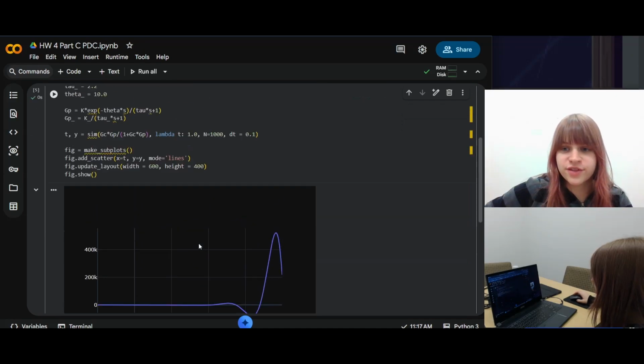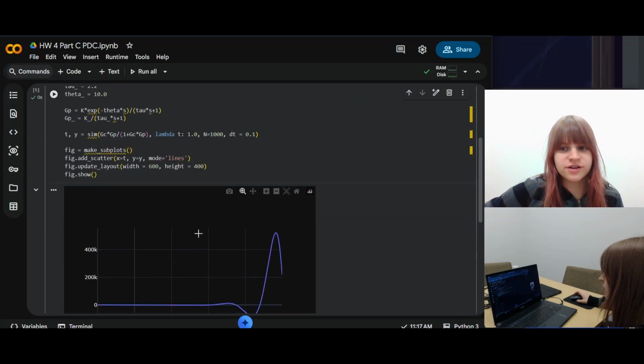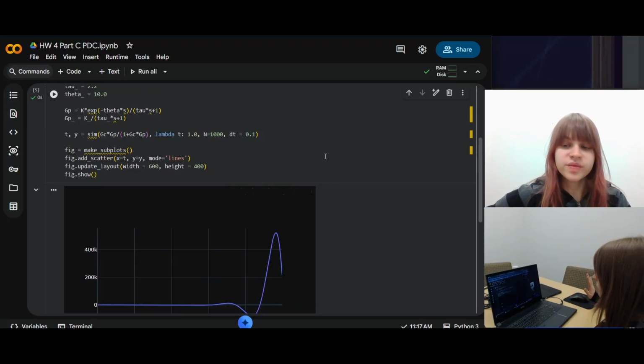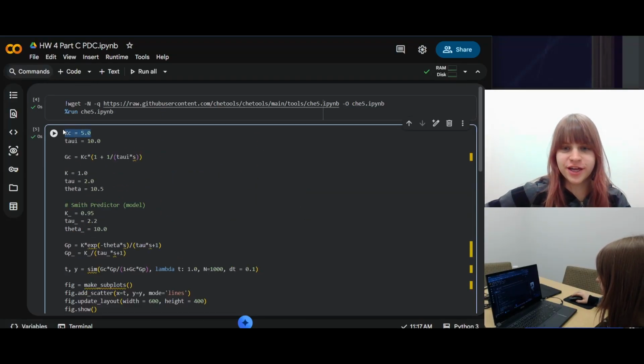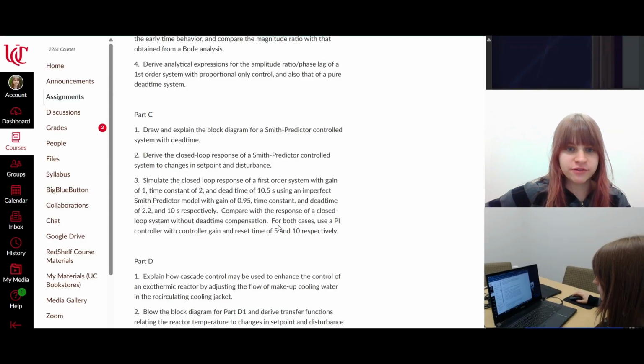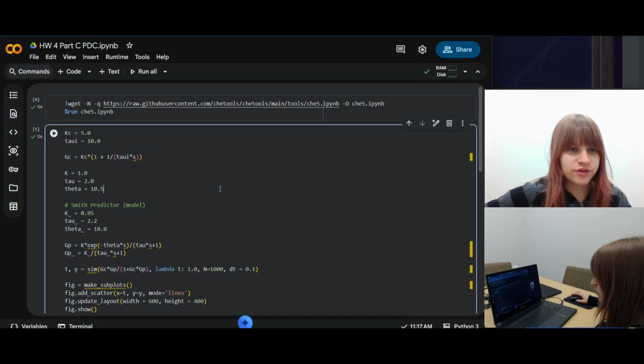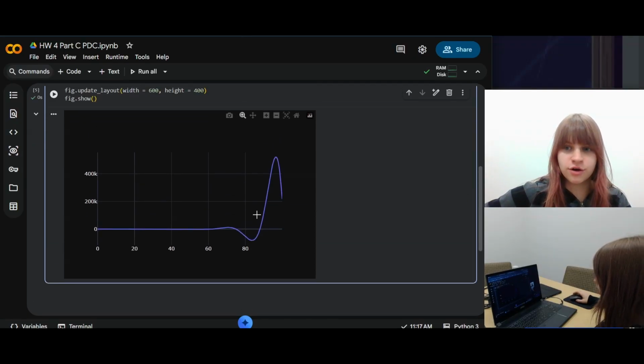So that graph that you just saw was not correct. However, it's because I made this controller gain 1 instead of 5, which is what I was supposed to do. And then after fixing that, we can see our graph right here.